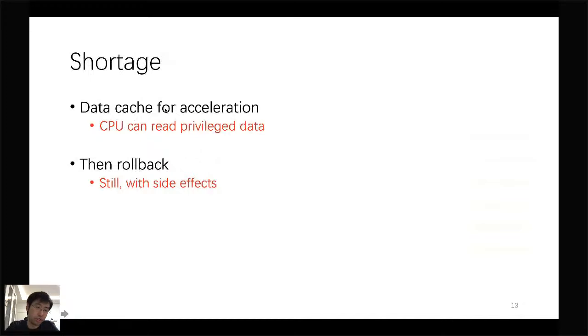The shortcoming here is that after introducing the data cache for acceleration, the CPU can read privileged data unexpectedly. And of course, just like the previous speculative execution, the CPU will try to roll back the data, but it also leaves some side effects, and we can use some special techniques to read such privileged data.